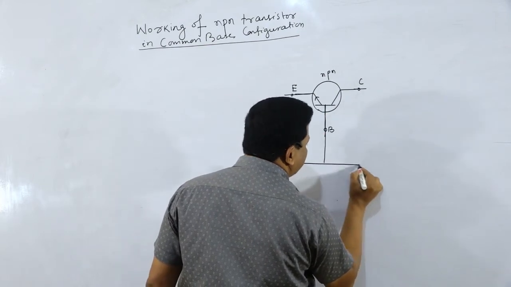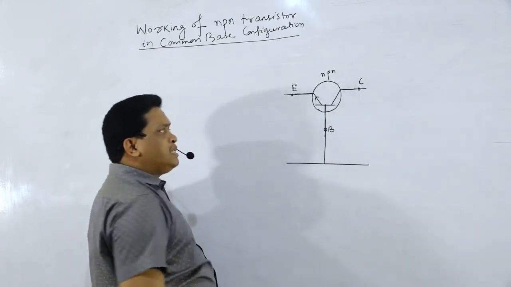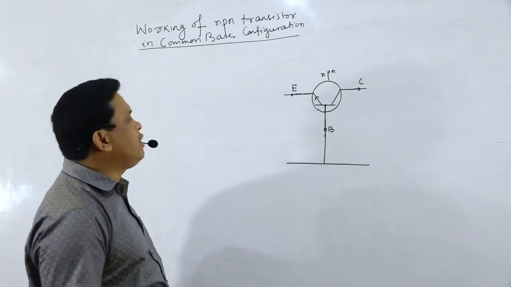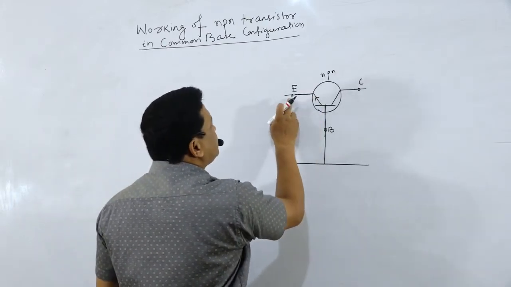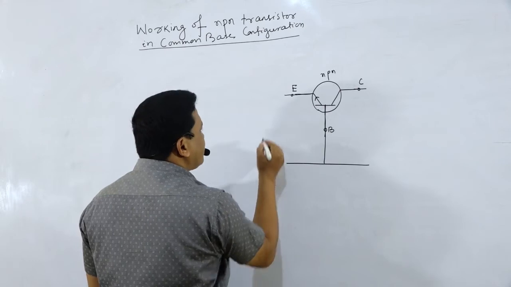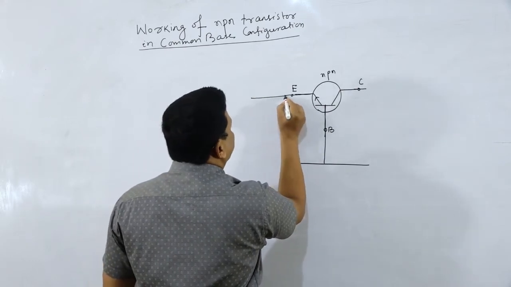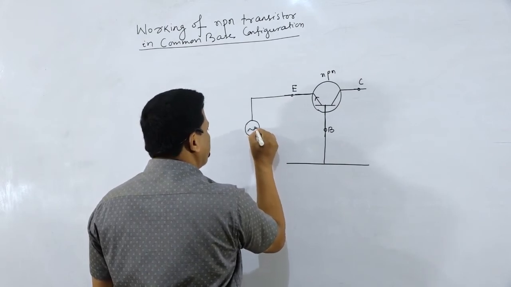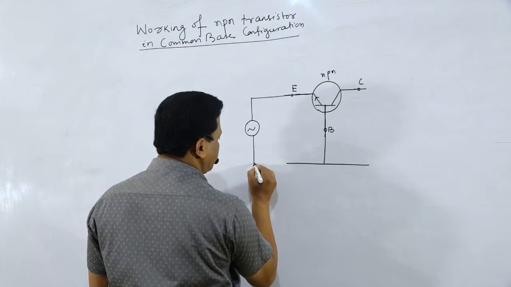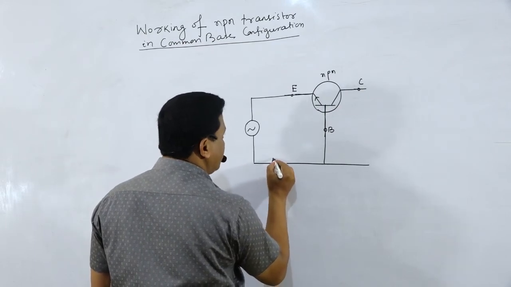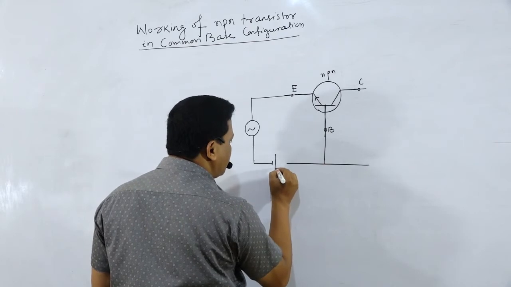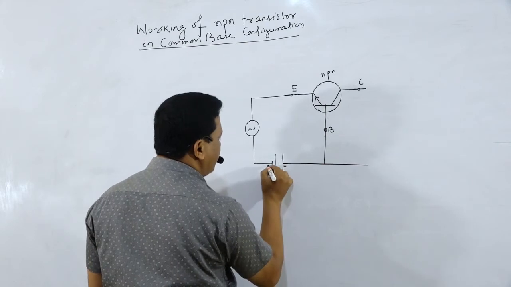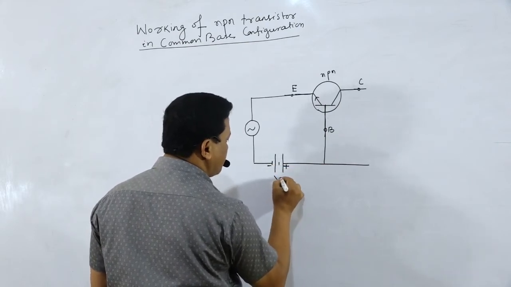First of all, we shall bias. As usual, the input PN junction is forward biased and the output PN junction is reverse biased. So since the emitter is N material, we shall connect the N material with the negative terminal of a battery, the input battery VEE.